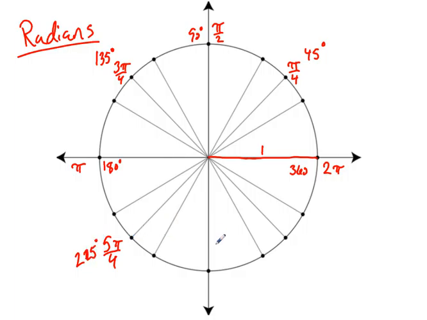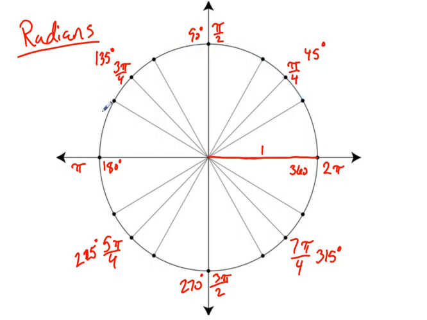I'm at 5/4. 6/4. 6 over 4 I can reduce down to 3 over 2. So 3 pi over 2 for 270. Again, I'm at 6/4, 7/4. 7 pi over 4 for 315. And 8/4 takes me back around to 2 pi.